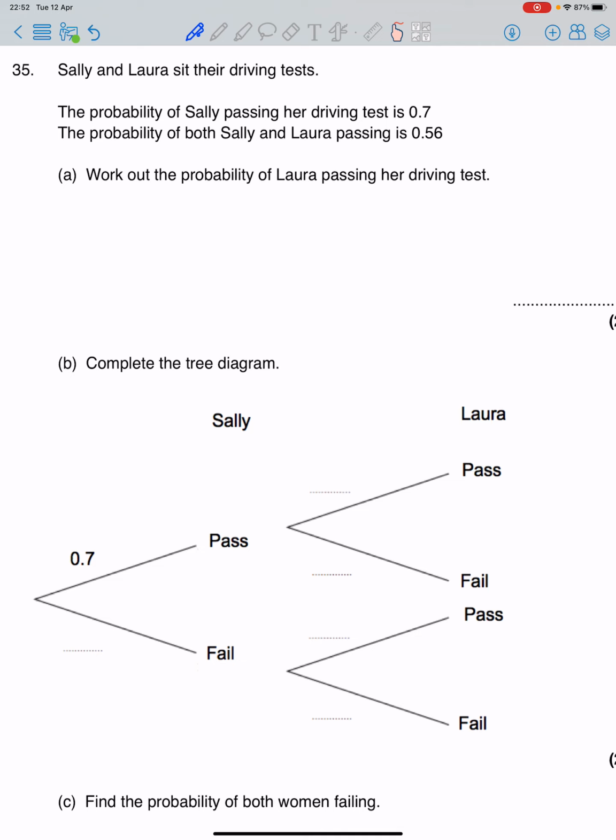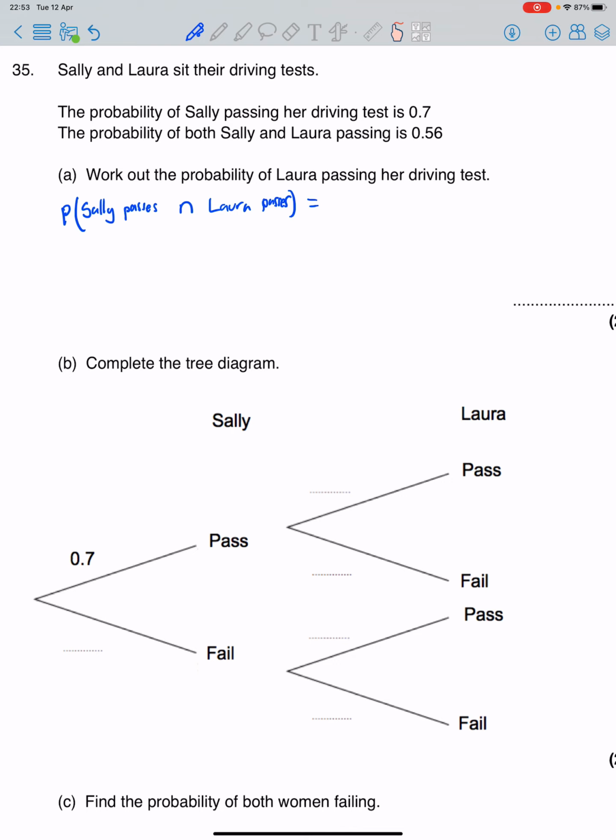So both Sally and Laura basically means that the probability that Sally passes, or the intersect, Laura passes, that's going to be the two multiplied.